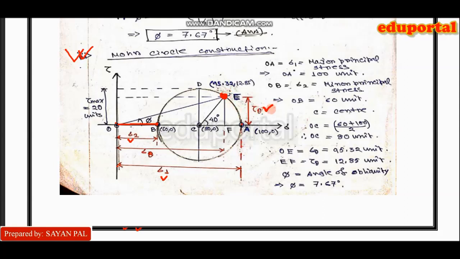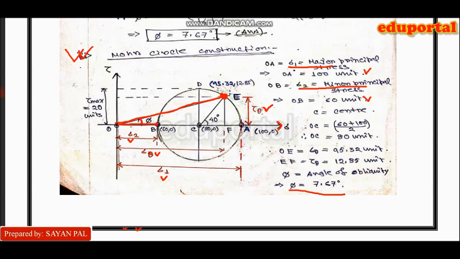This is the value of shear stress tau theta, and this is the value of normal stress sigma theta. These are the major and minor principal stresses. Phi is equal to 7.67 degrees. If we join the origin with the point on the Mohr circle, the angle it makes with the positive x-axis is the angle of obliquity.